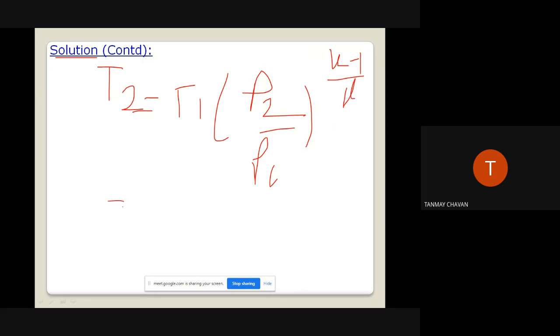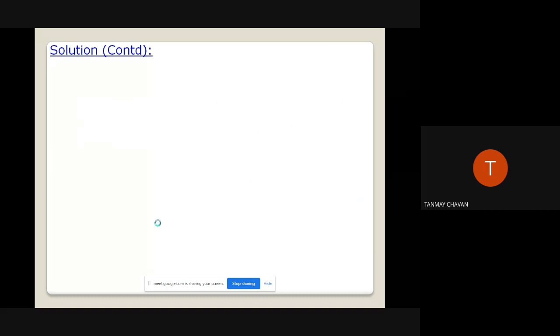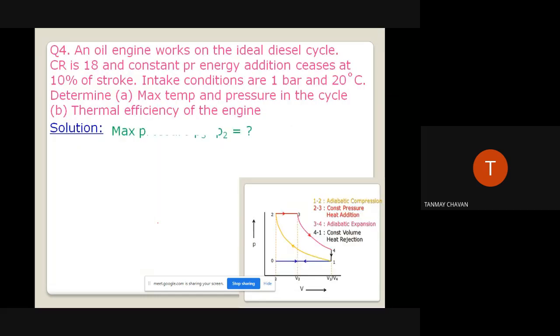T1 is given, I think it's 298 something. P2 by P1 is also given. Gamma is 1.4, so 1.4 minus 1 divided by 1.4. Find out the value of T2.